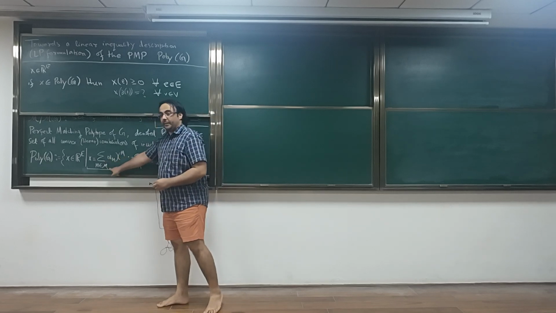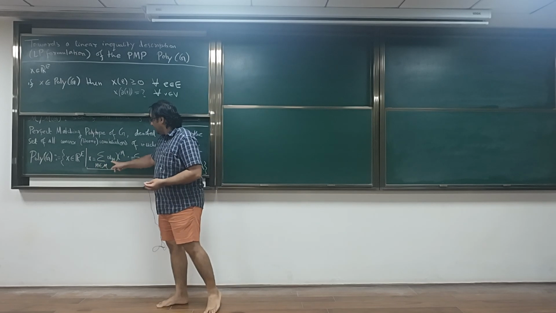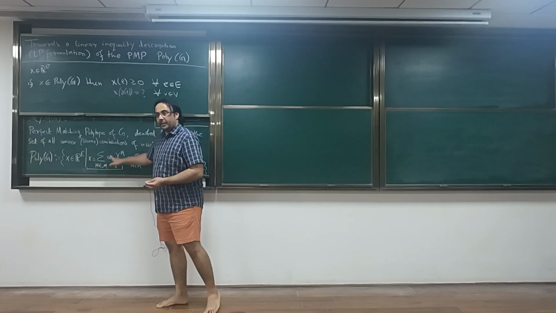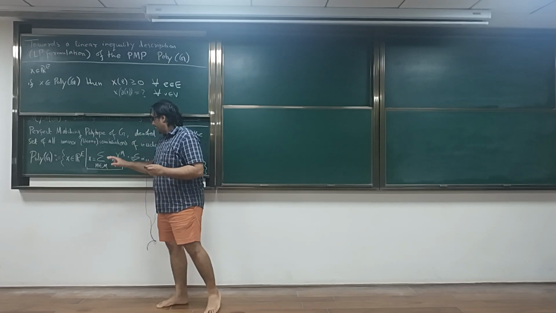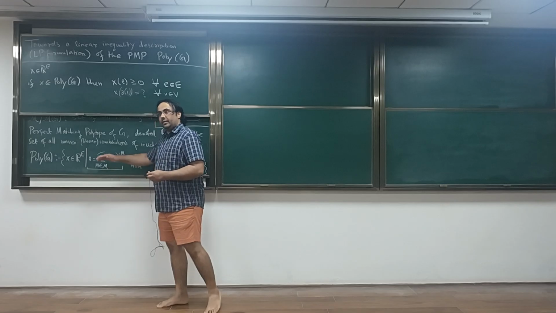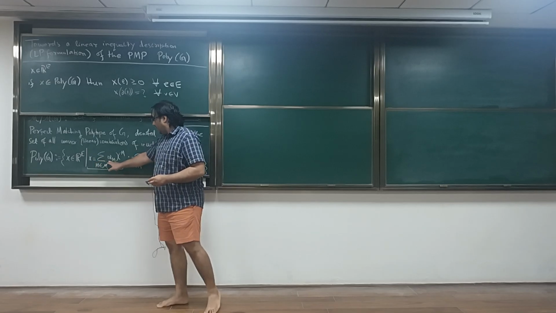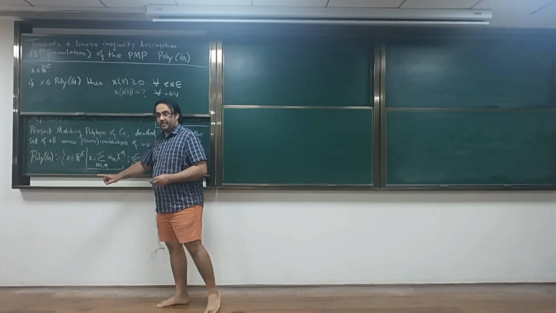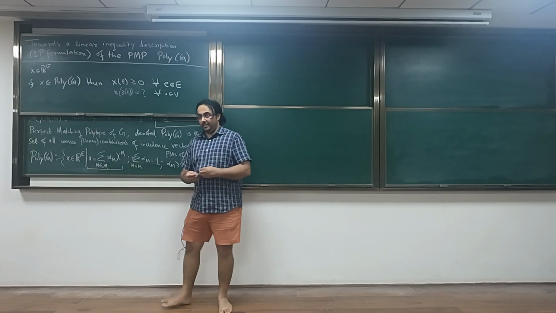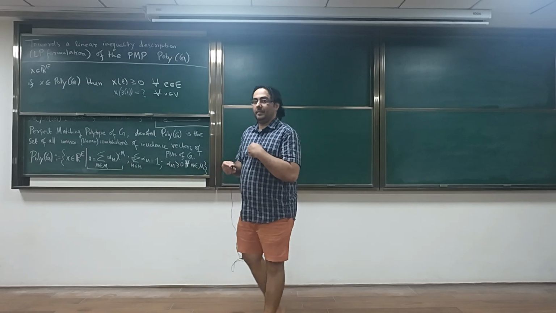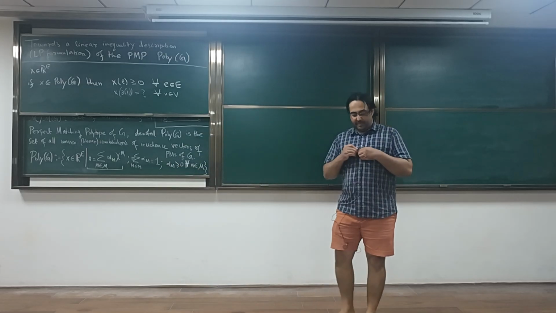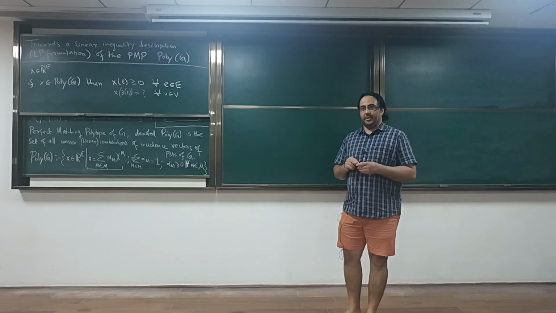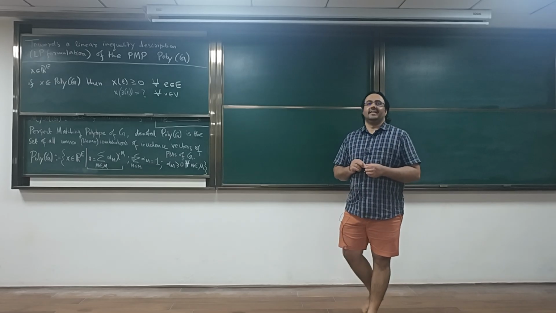For some set of perfect matchings, you can take all the perfect matchings. It will be alpha 1 times the first perfect matching incidence vector, alpha 2 times the second one, and so on. But what you know is that all the alphas sum up to 1. You just have to simplify the equation and see what you get.